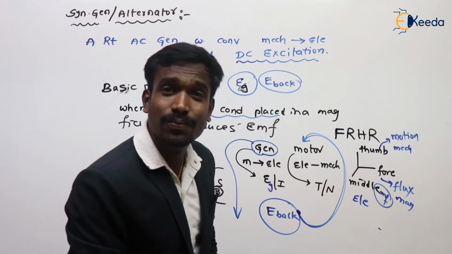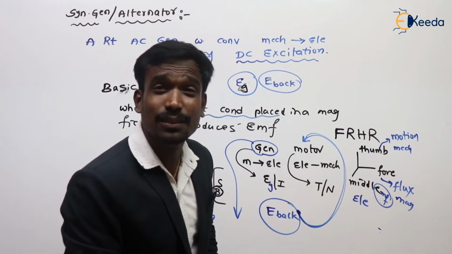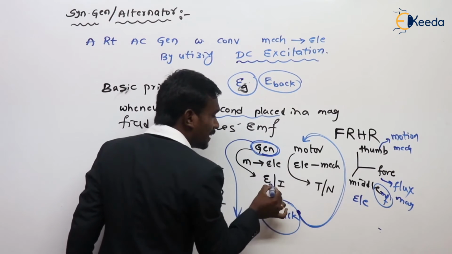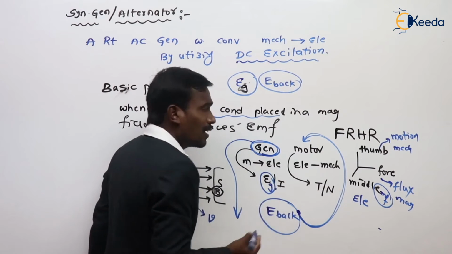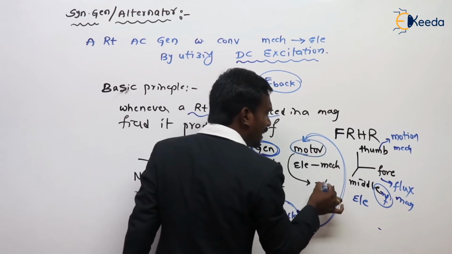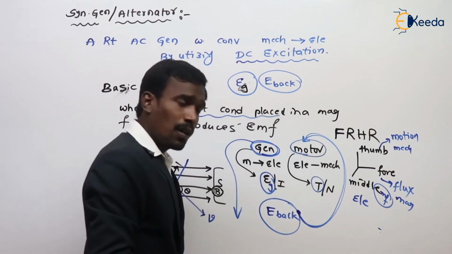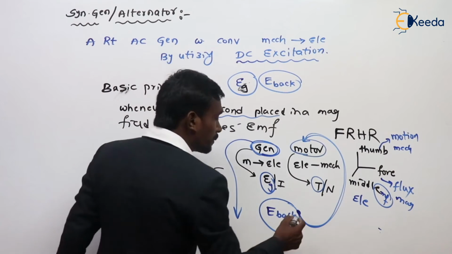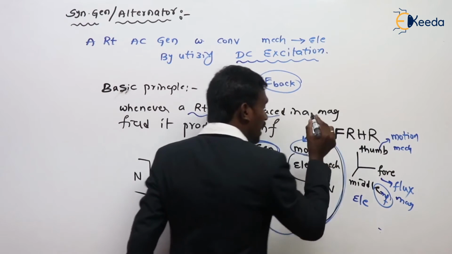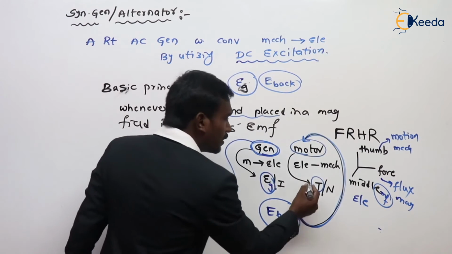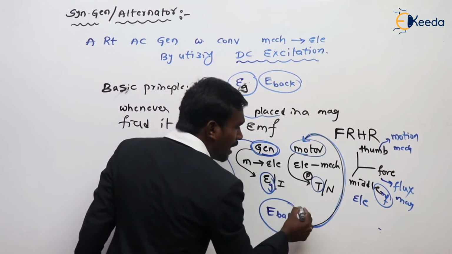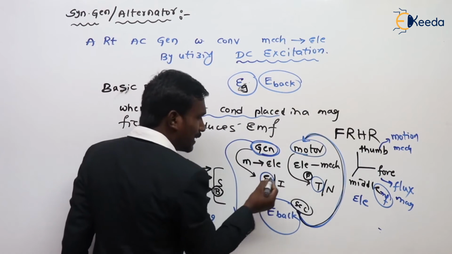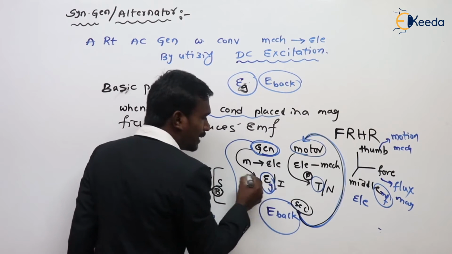Likewise, what is that concept? The concept of the generator is generated EMF. The concept of the motor is torque. But now you are telling me that the back EMF concept is also there, belonging to the motor. This is the primary concept and this is the secondary concept. For the generator, EMF is the primary concept.